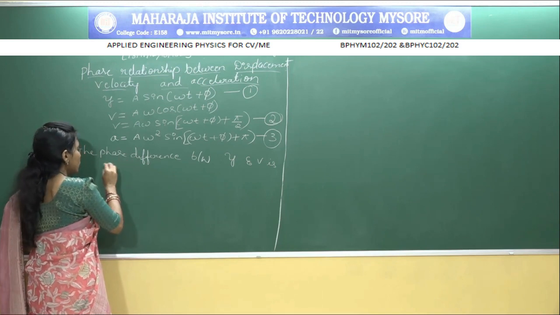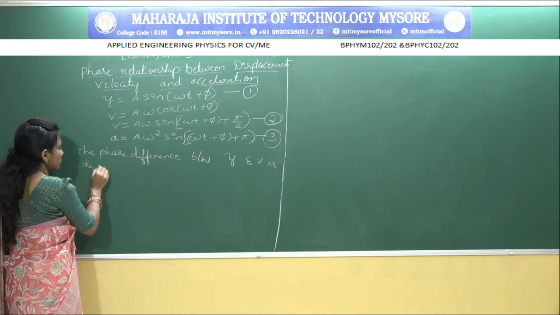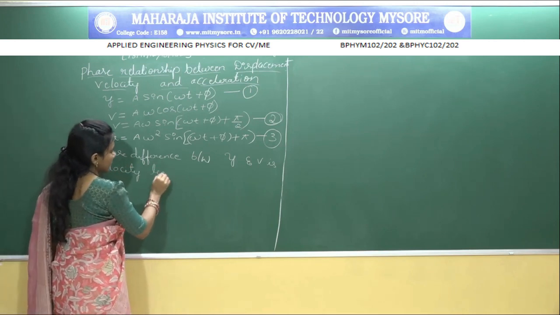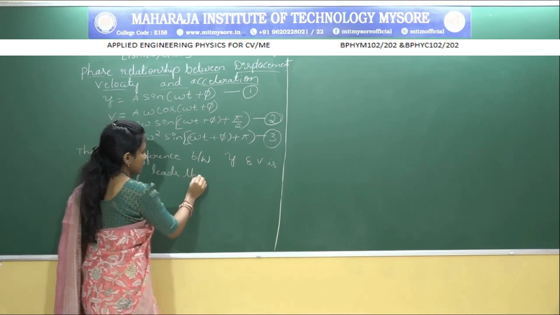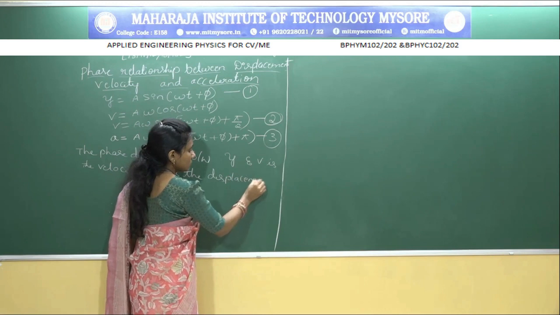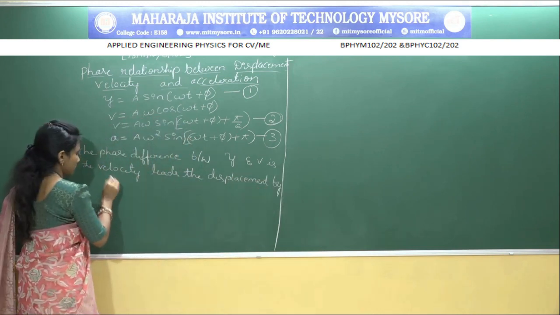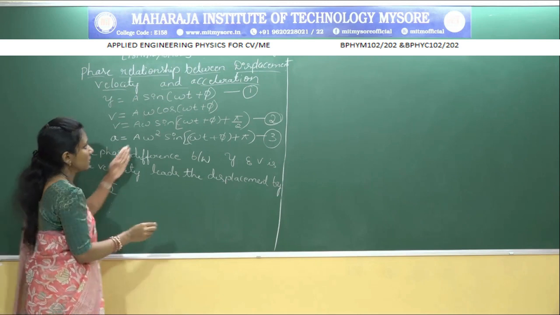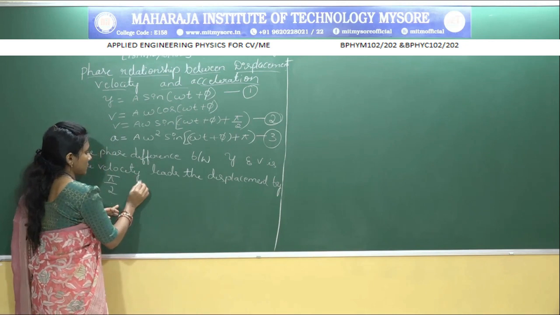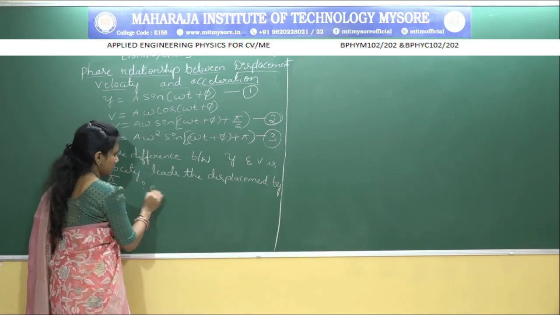That means the velocity leads the displacement by pi by 2, right. So exactly the velocity is in quadrature.